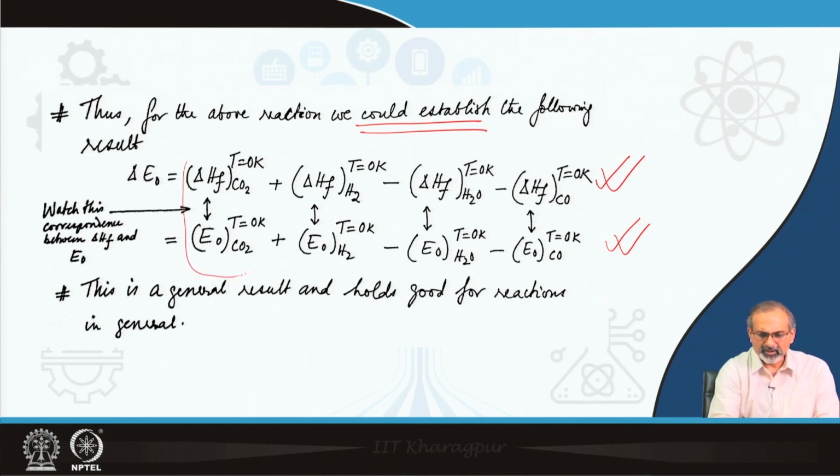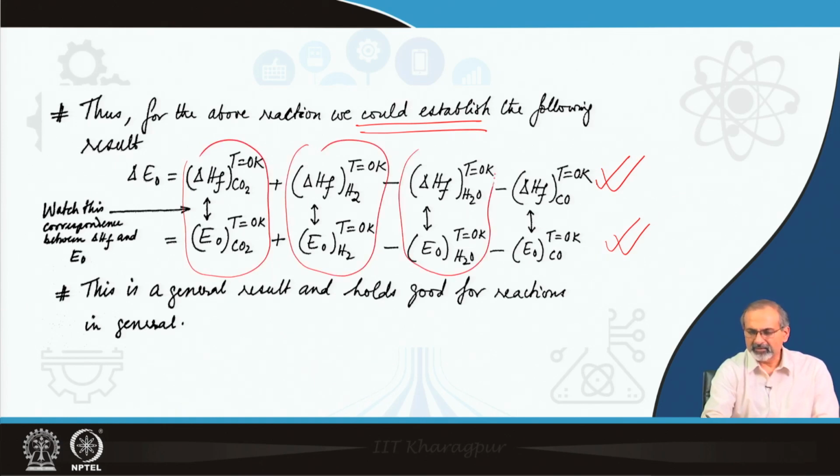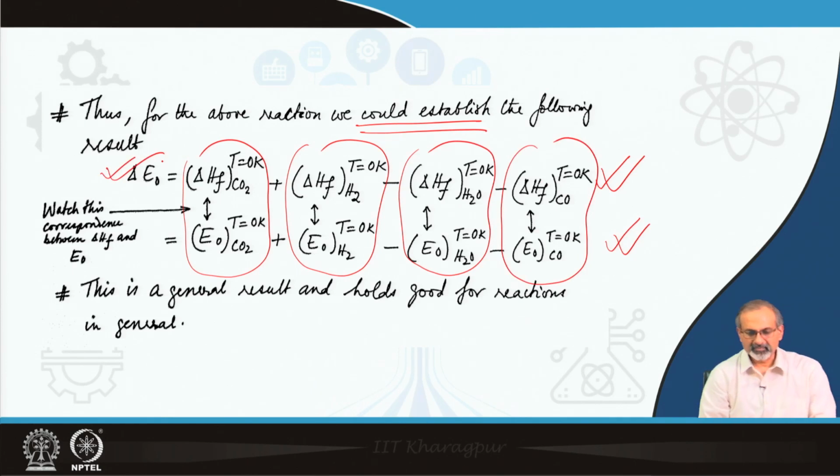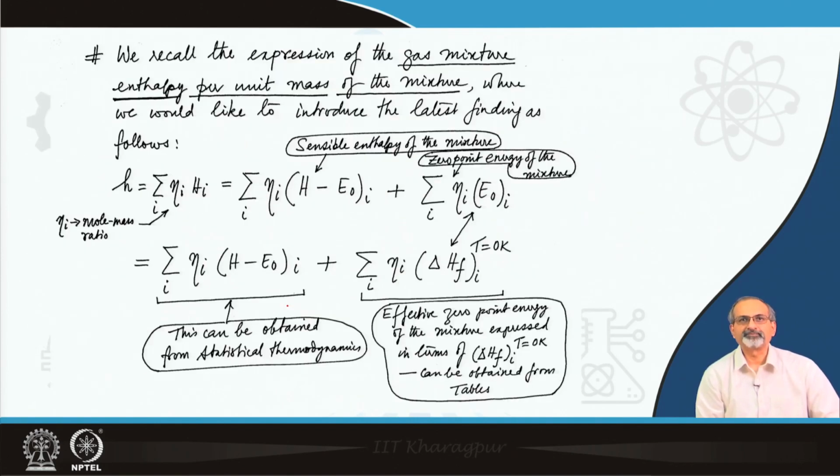And there seems to be a kind of 1-to-1 correspondence in between the terms that form the two equations for delta E naught. Incidentally, this is not a special result, it is a general result and it holds good for reactions in general. You can try out other reactions too and you will find the same fact coming back over and over again.